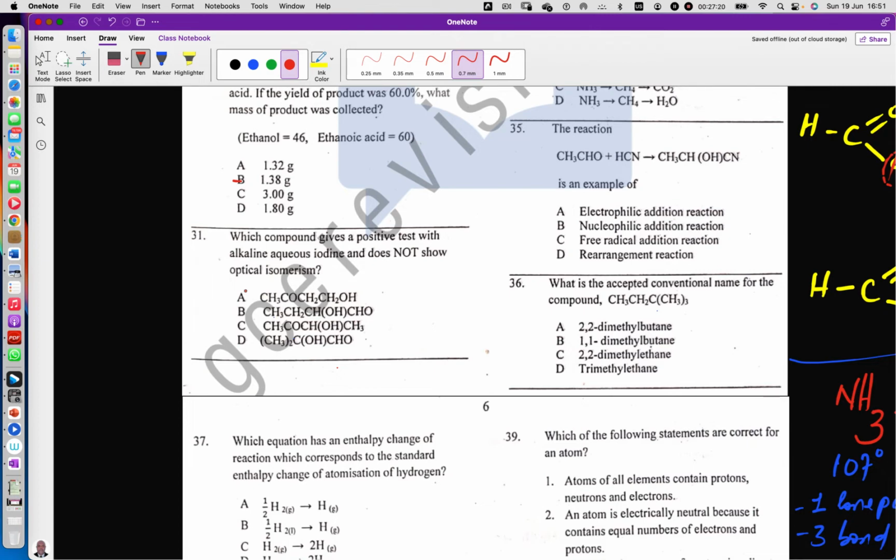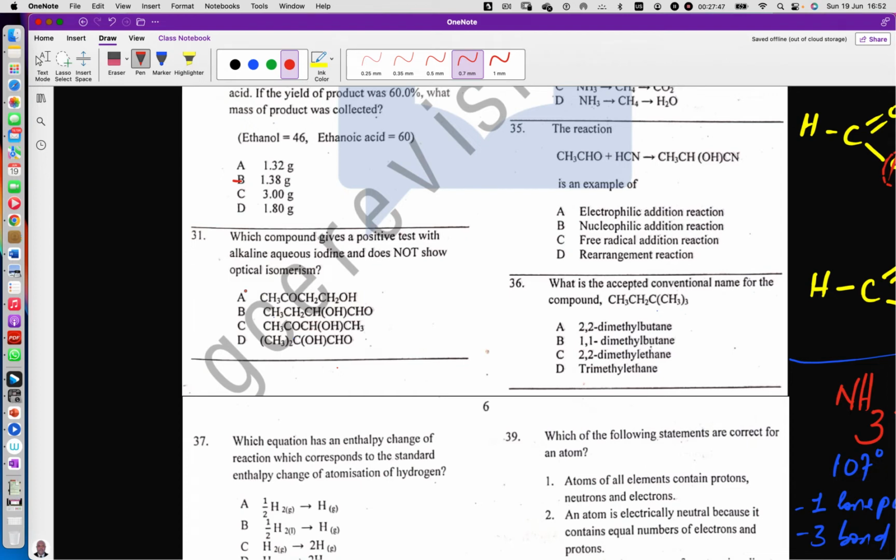Once more, for it to give a positive test with alkaline aqueous iodine, we are talking of the iodoform test, or we call it the triiodomethane test.